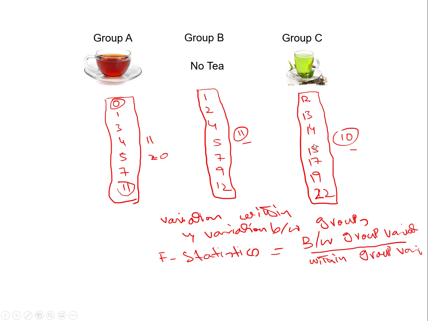Does it mean the F ratio will be large? If the F ratio, which is between divided by within, is large, the F statistic indicates a high probability that the groups do have different means. In other words, it does make a difference.